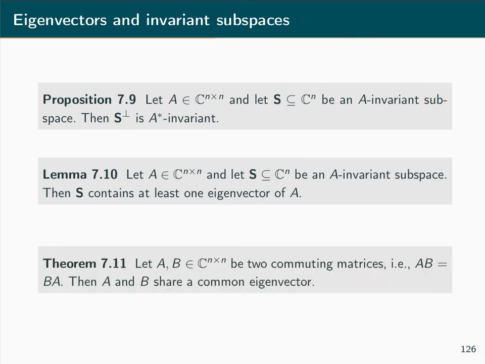And finally, we have theorem 7.11, whose proof is also omitted. And it states that if A and B are both n by n matrices, and moreover they commute, meaning that the product AB equals the product BA, then A and B share a common eigenvector.